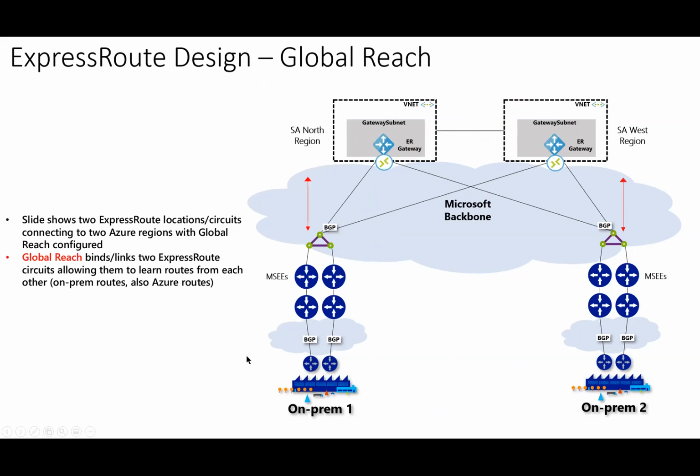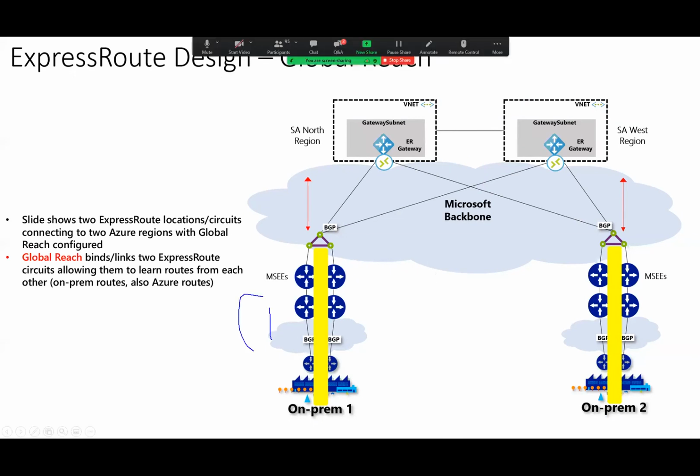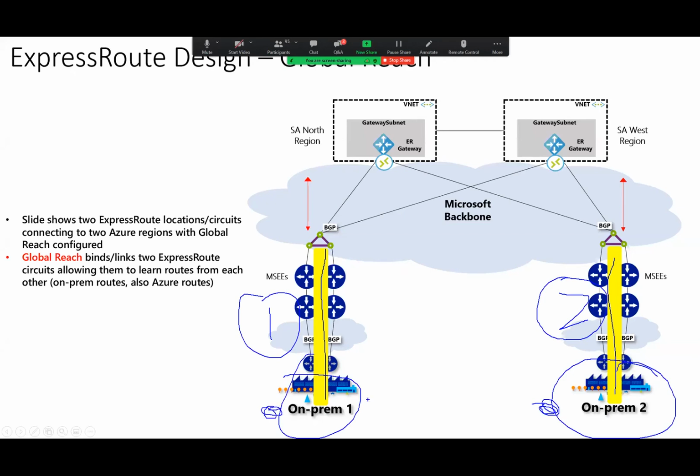Next one is, let me build. So this is ExpressRoute Global Reach. Now with Global Reach, you need to have one ExpressRoute in one region and a second ExpressRoute in another region, these yellow lines. Then if you want to take on-prem database to on-prem database and actually have a backup of this database on-prem to on-prem. So think of a very long fly lead between Joburg and Cape Town.